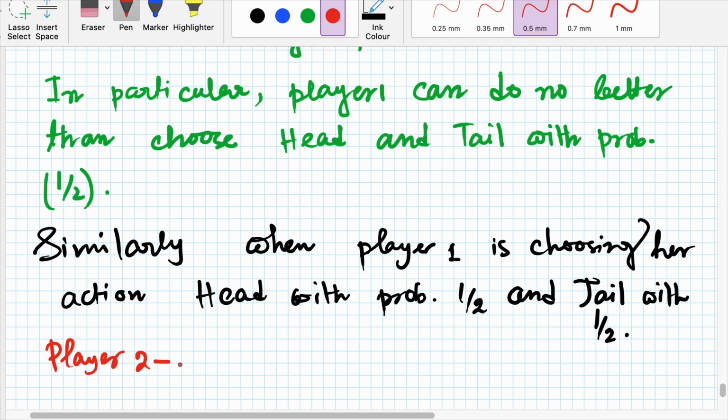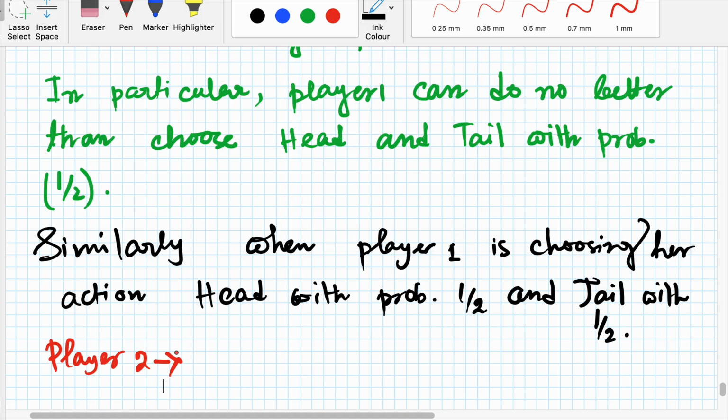Player 2 will find that his outcome is independent of his action or strategy. So for player 2, for every choice, the outcome is the same lottery.